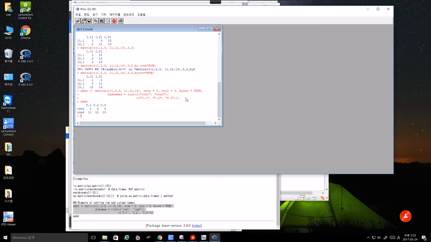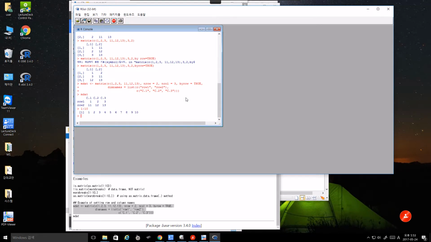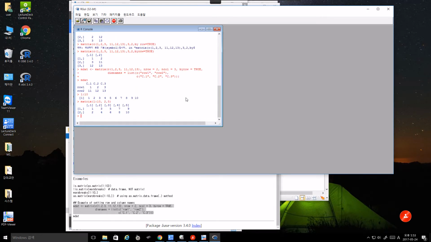Let me show you another example. In R, if you write 1 colon 10, it generates something like this. It generates numbers from 1 to 10. Now let's make a matrix. Now 1 to 10, and then the number of rows is, let's say, 2. Number of columns is 5. Then it should have something like this.